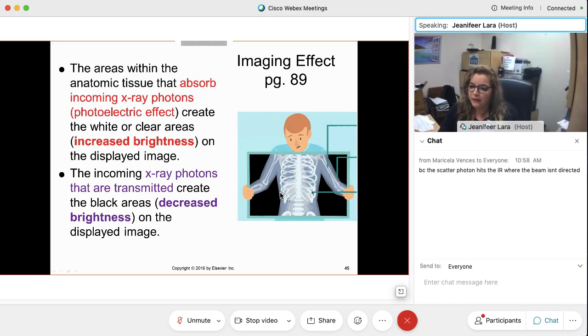So we can go back and see where photoelectric absorption took place because of the brightness of that part of the image. If the incoming X-ray photons are transmitted, meaning they didn't lose any energy, we are going to have a decreased brightness.